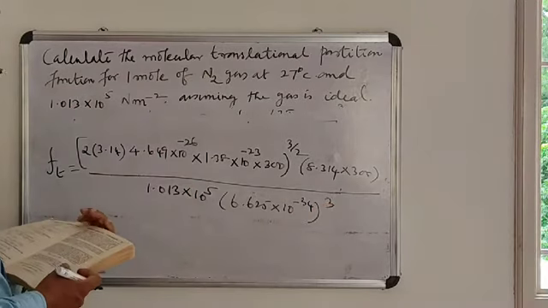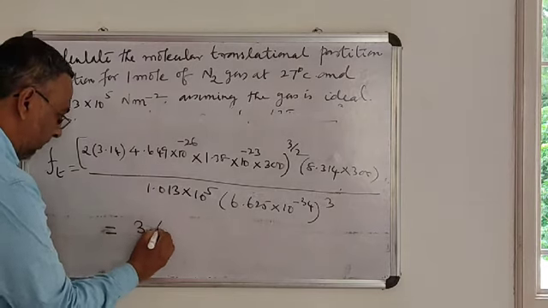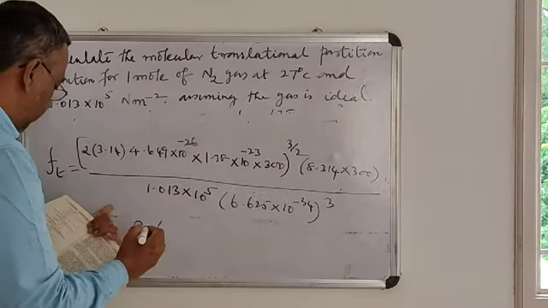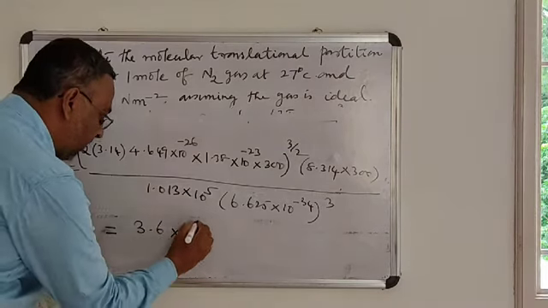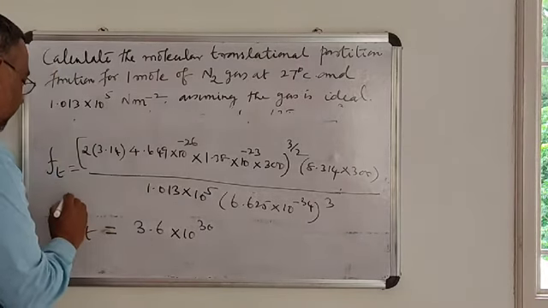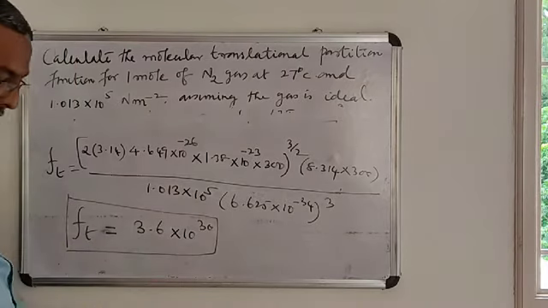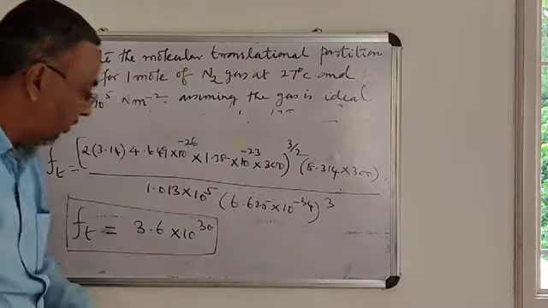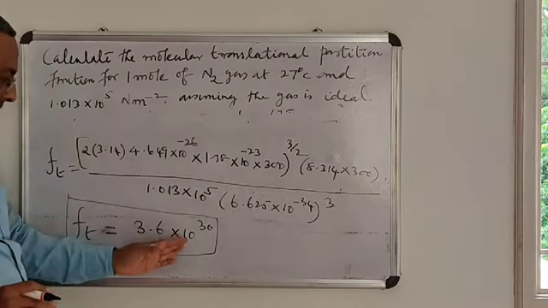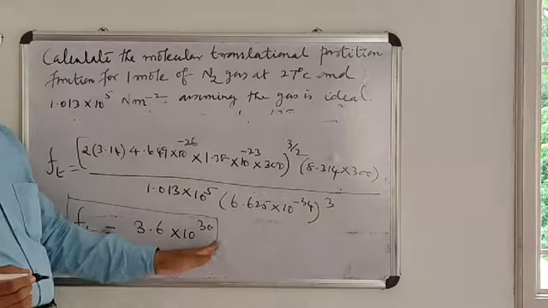If you simplify this, it will become 3.6 into 10 to the power of 30. So the translational partition function of nitrogen gas is found to be 3.6 into 10 to the power of 30 and the unit is per mole.